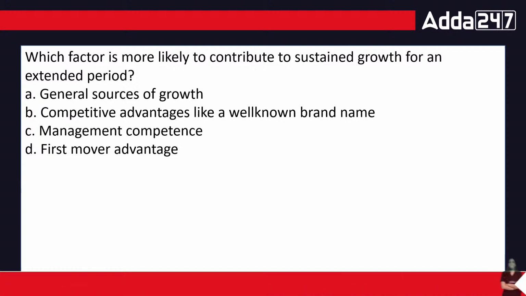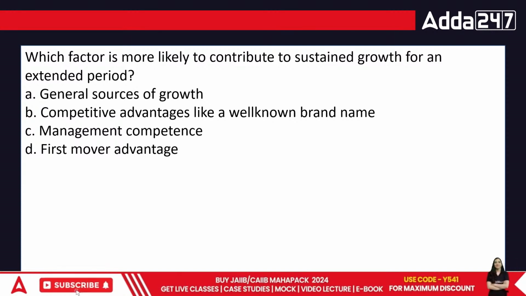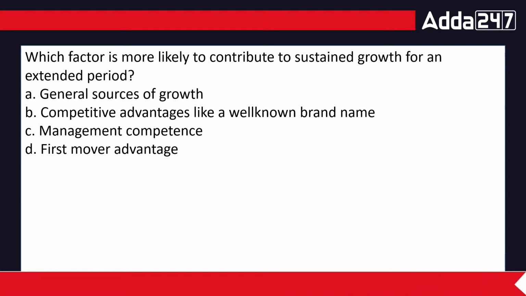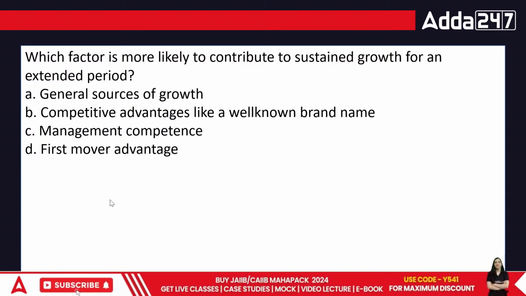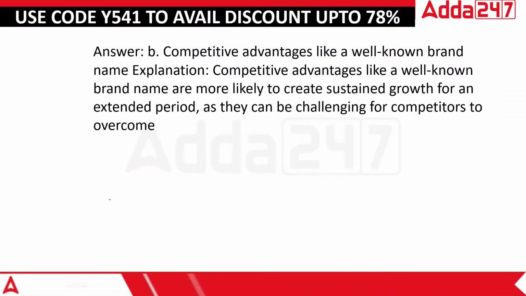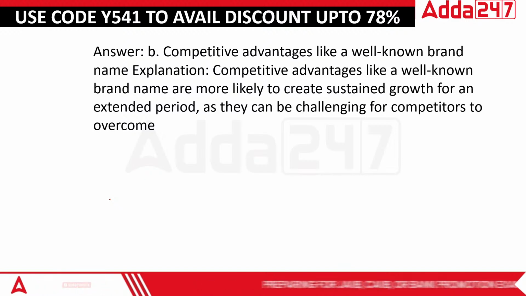They have established their name in the market to that extent where people are following the brand. That means they have the competitive advantage. Now, this is the reason. Next point: competitive advantage like the well-known brand name.